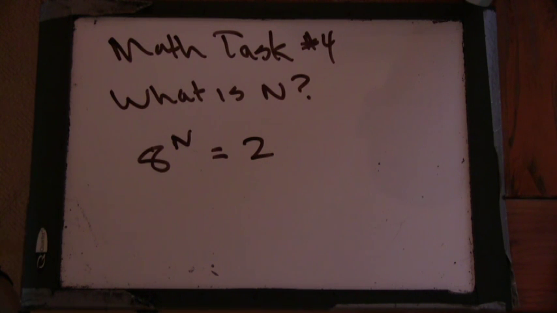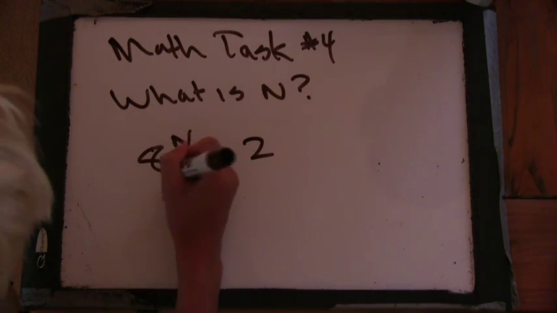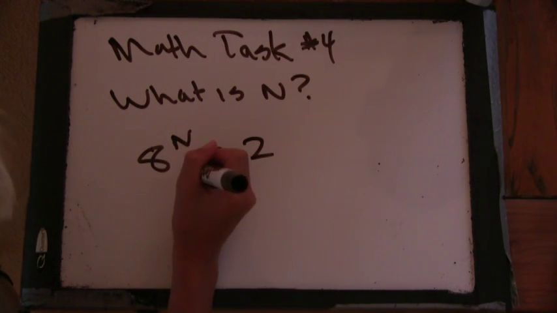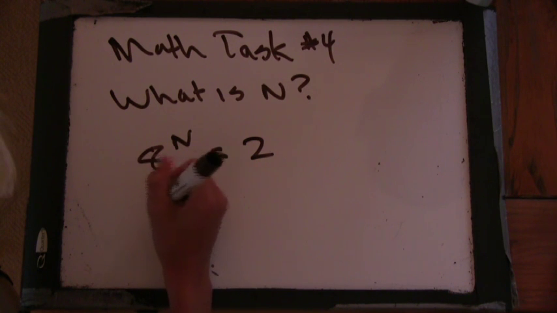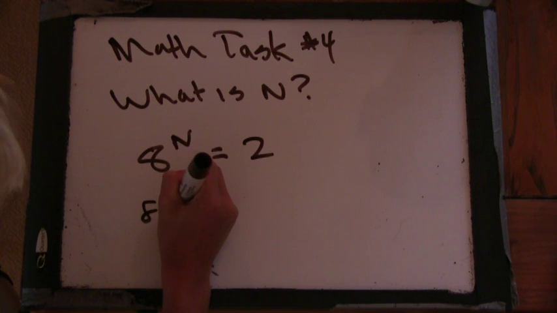Well, I don't think any positive power of 8 is going to equal 2. Okay. So maybe we could start going into negative powers. Well, we could start with 8 to the 0 is 1.